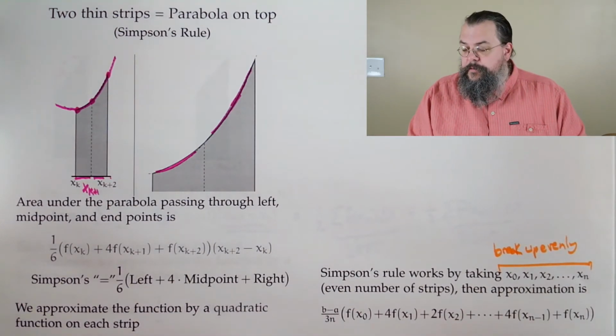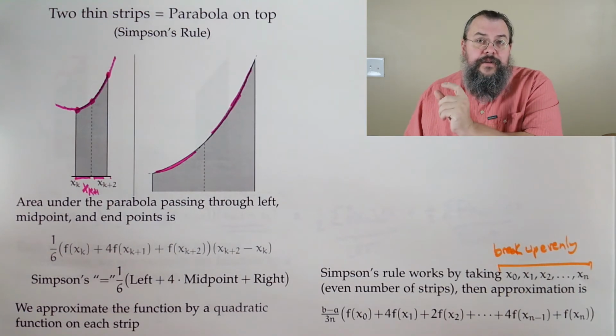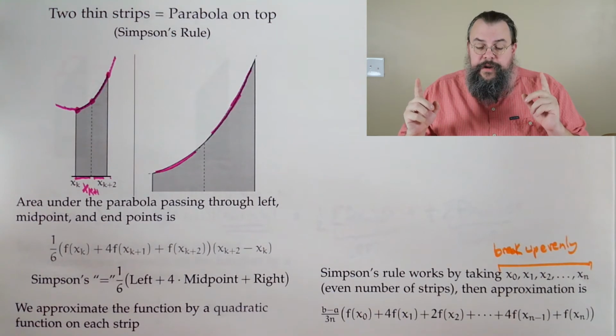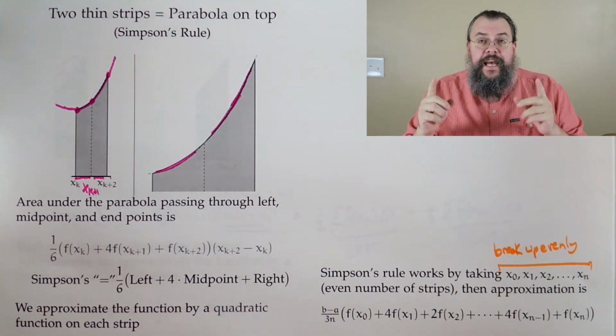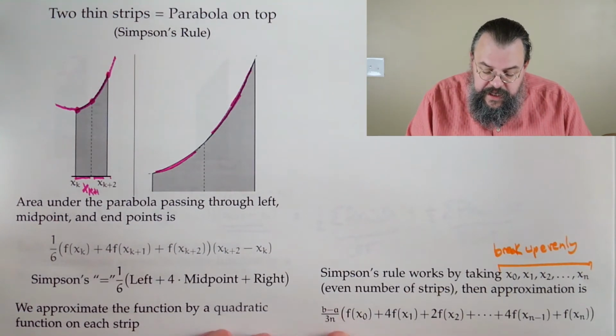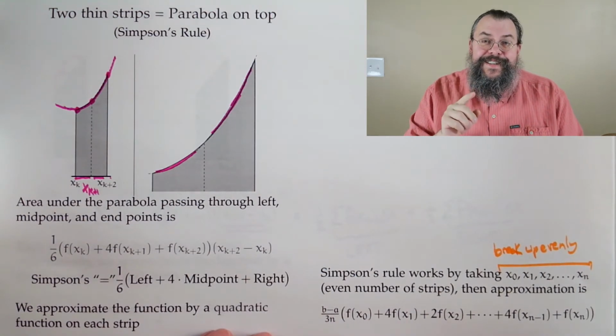So that says that the width of each interval is equal. So what is the width? Well, if we're going from a to b, then it's b minus a over n. That's the width of one interval. So now you have a b minus a over n. You might say, well, where does that 3 come from? We'll get to that in a second here.